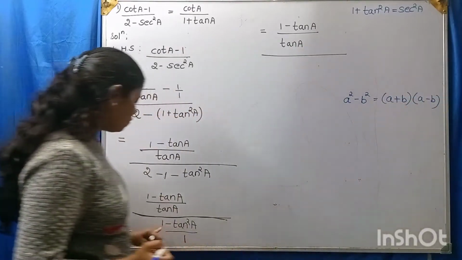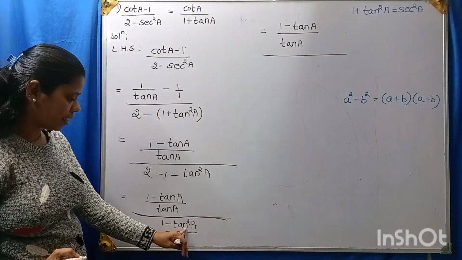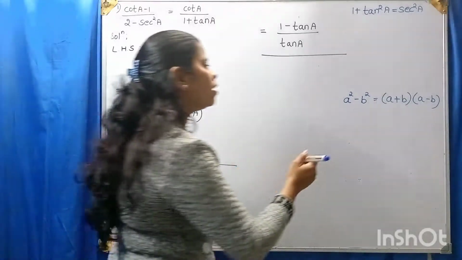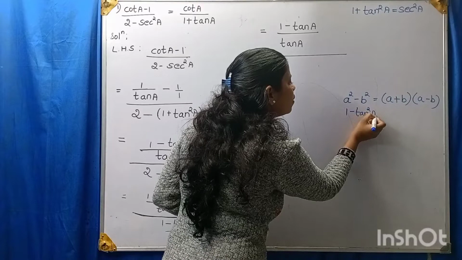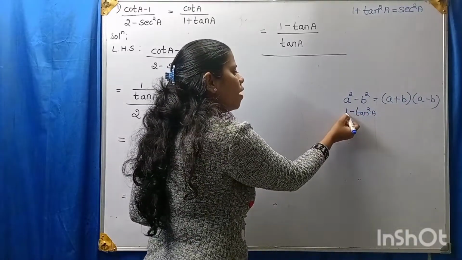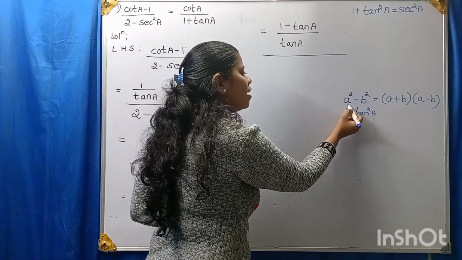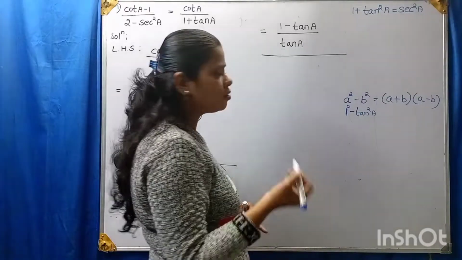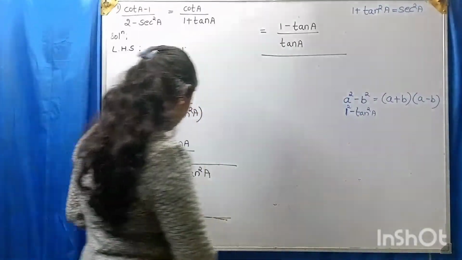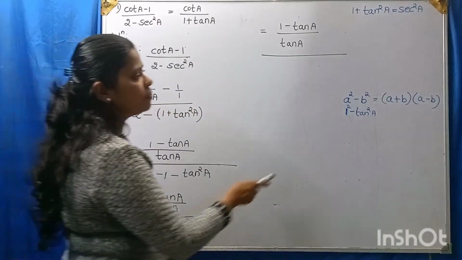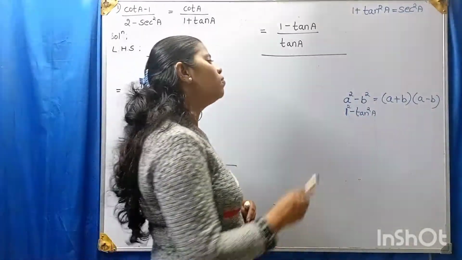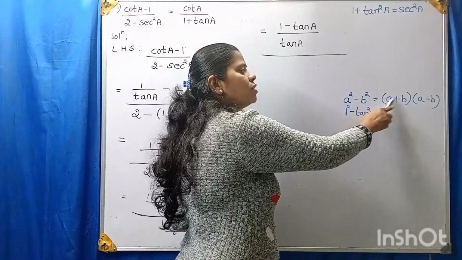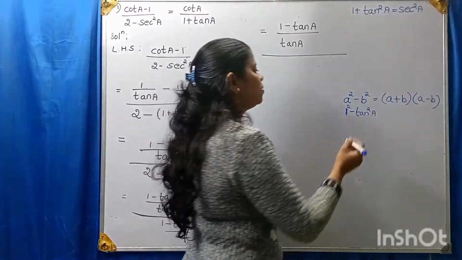Here we have 1 minus tan square A. Now here, 1, if I write it as 1 square, the value does not change. Means what? 1 minus tan square A is in the form of A square minus B square. So, you can write this in the form of (A plus B) into (A minus B), right?